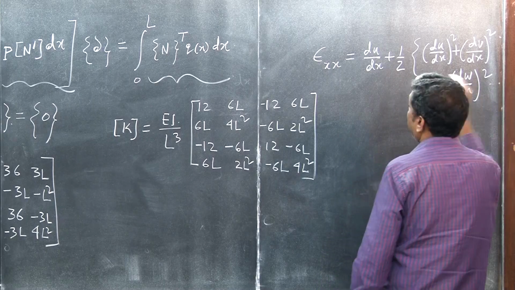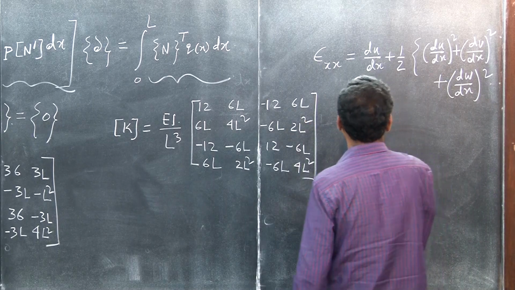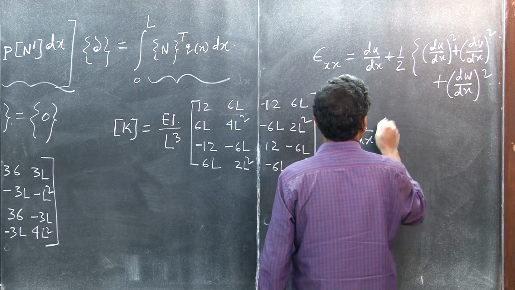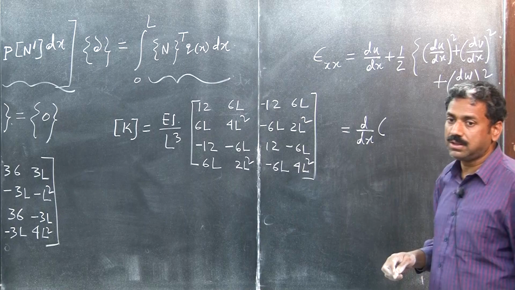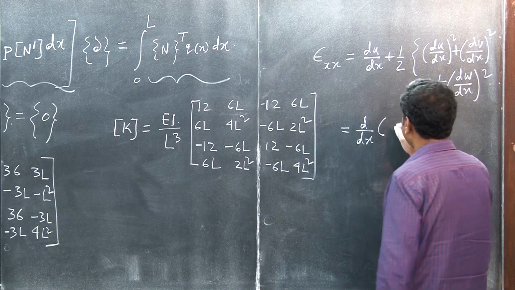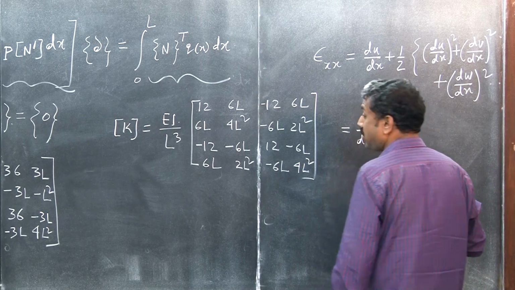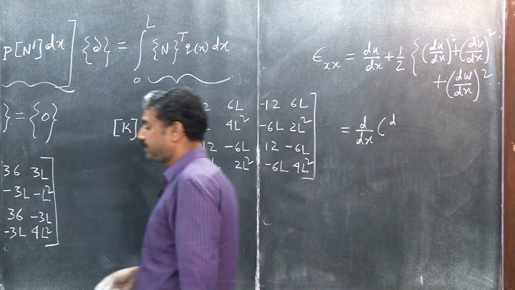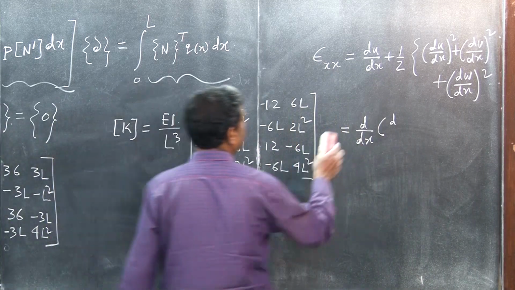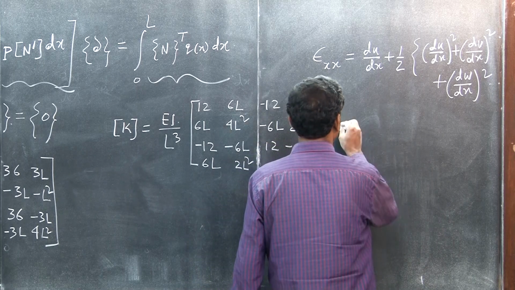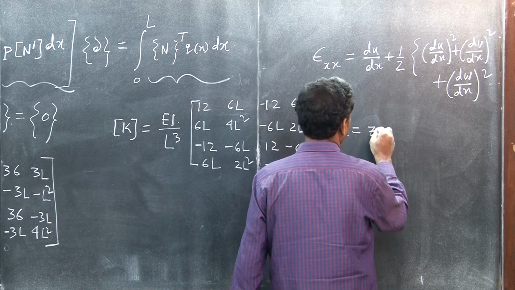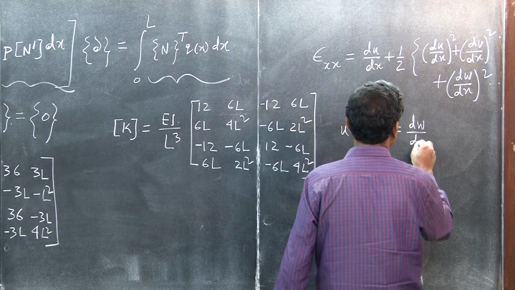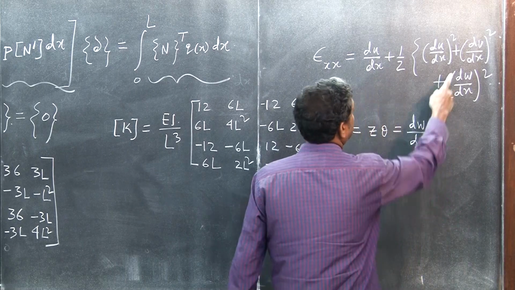Now, for bending, u is nothing but z into theta, and theta is nothing but minus dw dx, so u is minus z dw dx, right?